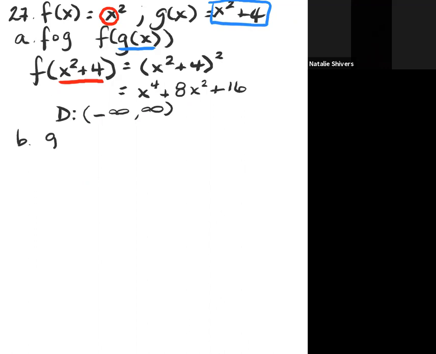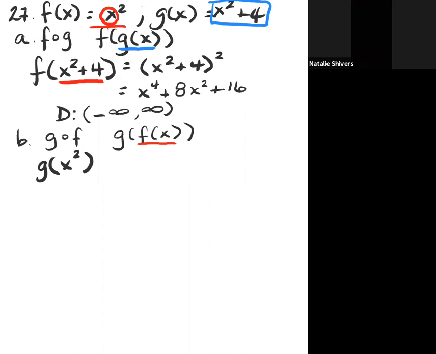So let's do g of f. So g of f of x. Okay, so I'm going to take f of x and plug it into the g function. So g of x squared.